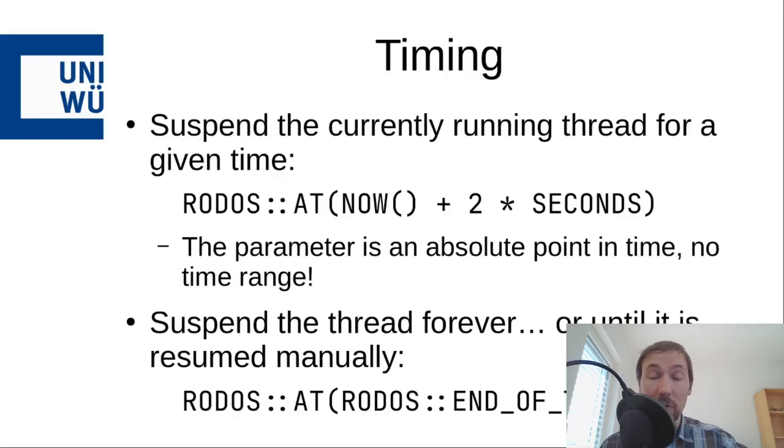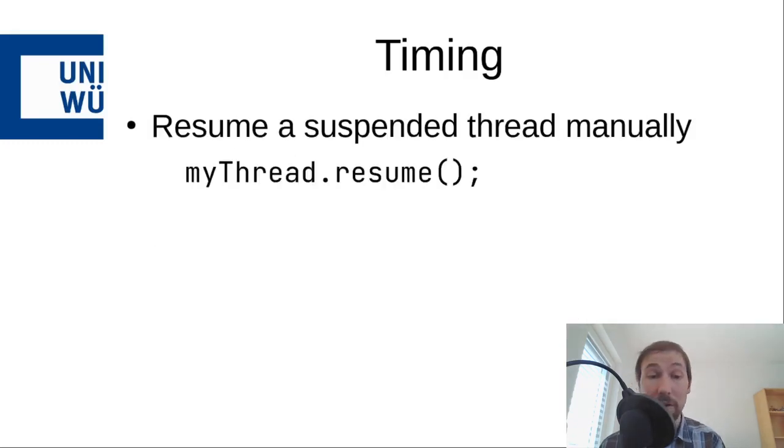You sleep forever, but manually resume the thread, for example, from another thread. So you can always call thread.resume in order to wake it up. That means the at forever call is immediately returned and the execution of the thread starts again.